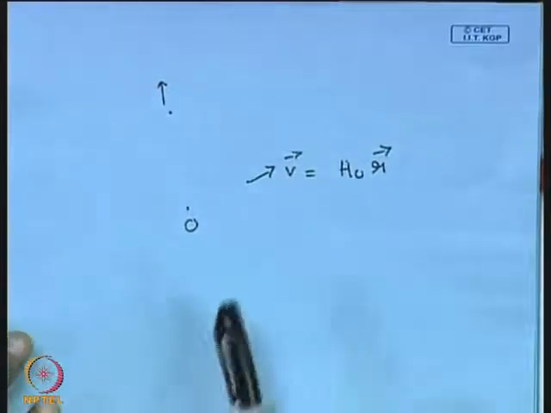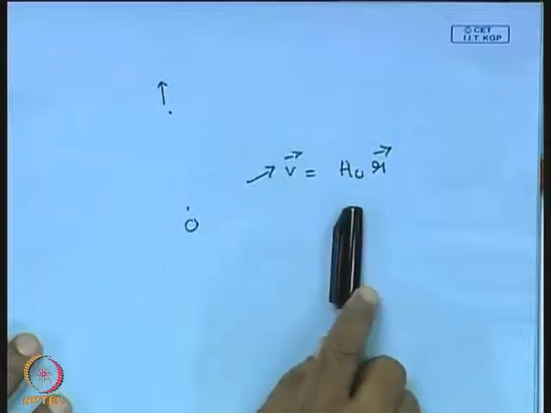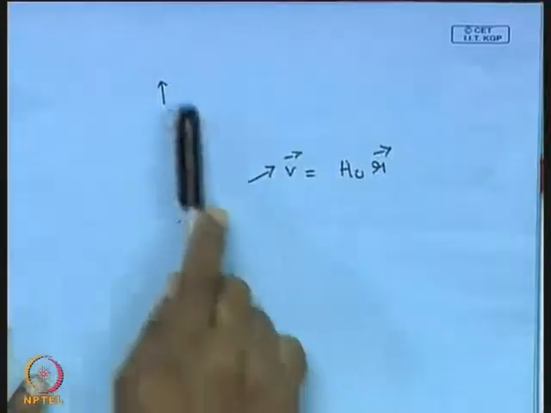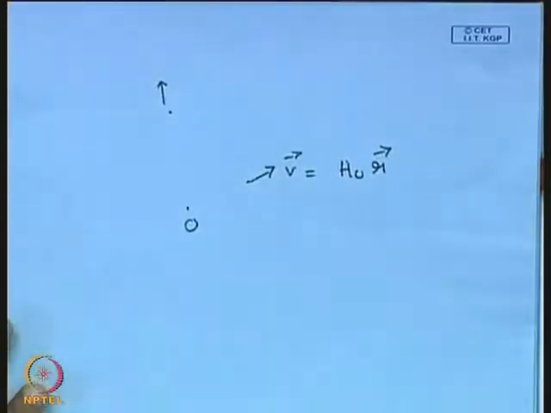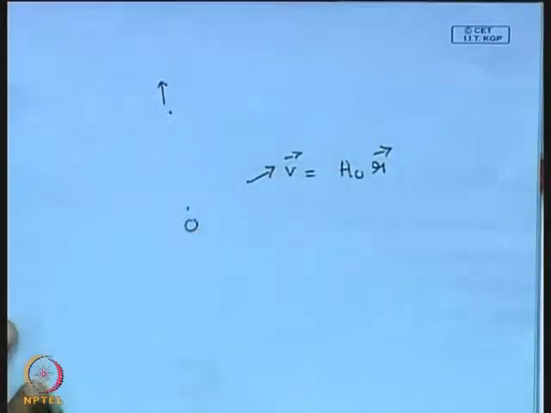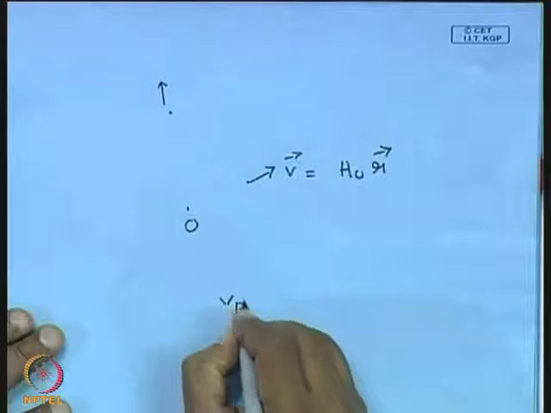Now, this is the component of velocity due to Hubble expansion, you can think of it like that. Now, in reality, in addition to the velocity due to the expansion of the universe, the galaxies have other components of velocities also, and this other component is called the peculiar velocity.